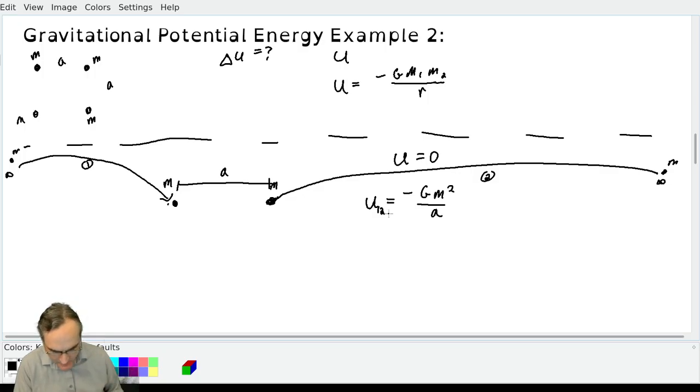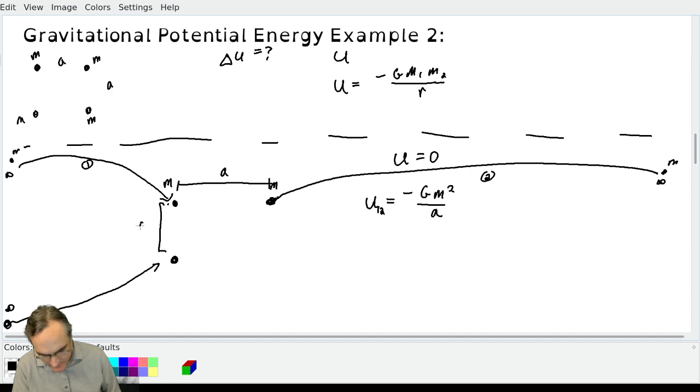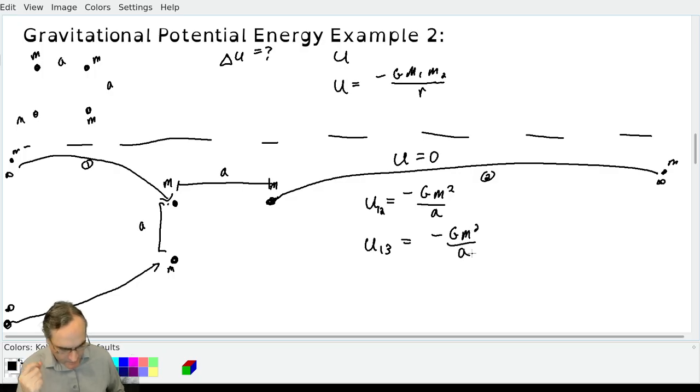All right, now that situation already exists. We're going to take another mass out here at infinity, and we're going to bring it in to a location that is also a distance a away from mass 1. And we're going to think about what's the potential energy associated with bringing it in, just considering mass 1. Well, the interaction between mass 1 and mass 3 looks pretty much the same as the interaction between 1 and 2 before.